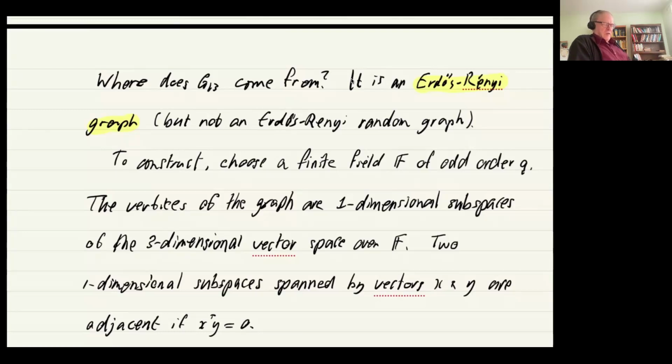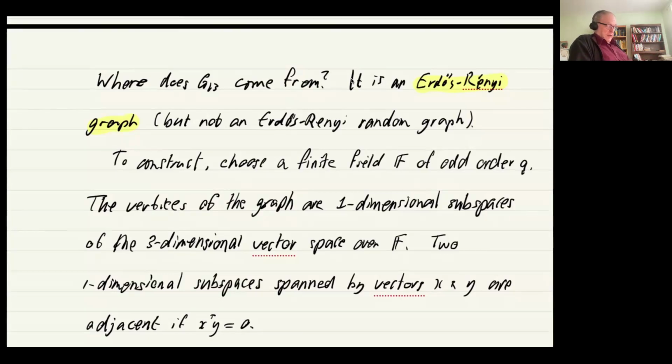You can view these as the points of the projective plane of order Q if it helped you, but anyway, we're not going to do that. So we're just saying we take the one-dimensional subspaces of the three-dimensional vector space over that field. And two one-dimensional subspaces are going to be adjacent if their dot product is 0.